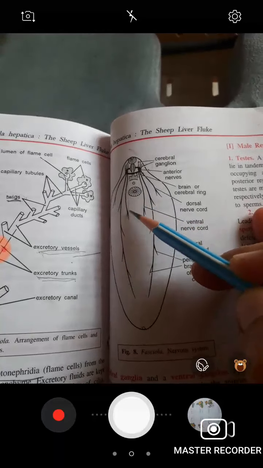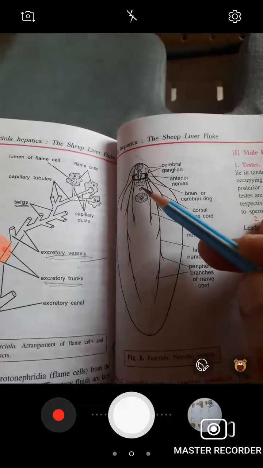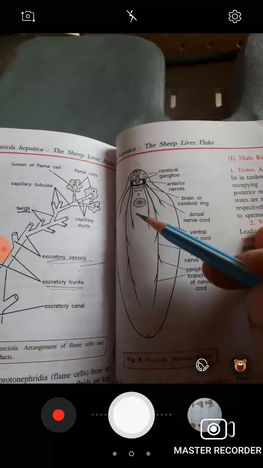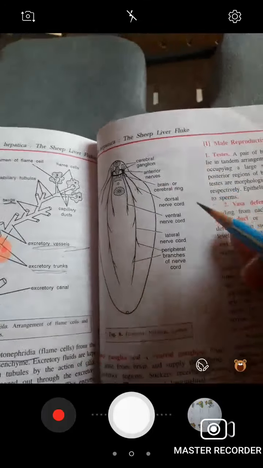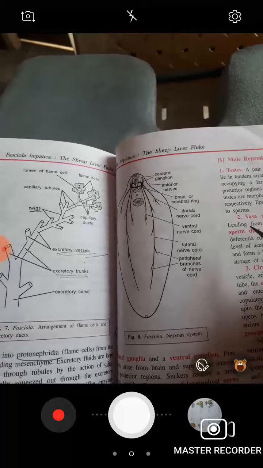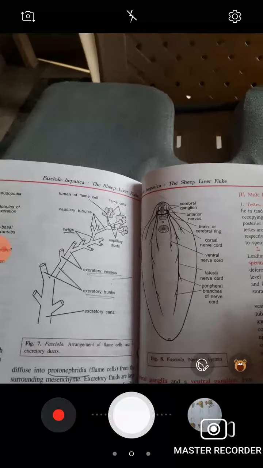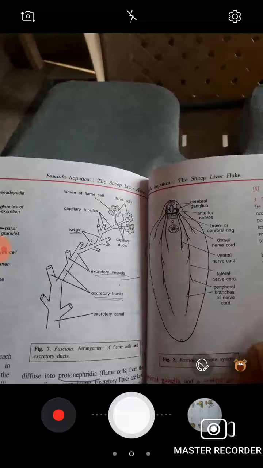One pair is this one, the second pair is this long one, and the third pair is this short one on this side. So these are three pairs of longitudinal nerves that extend posteriorly from these ganglia, out of which numerous fine nerves also extend to the various organs.